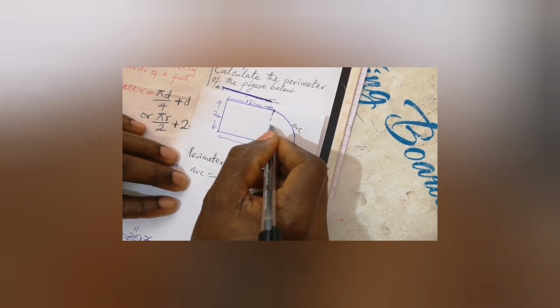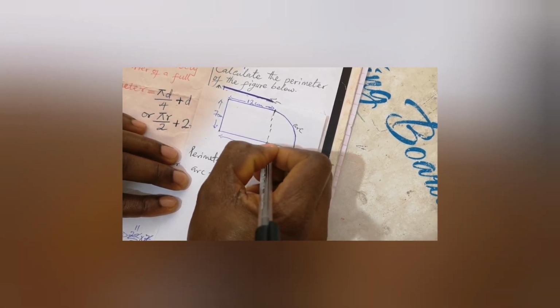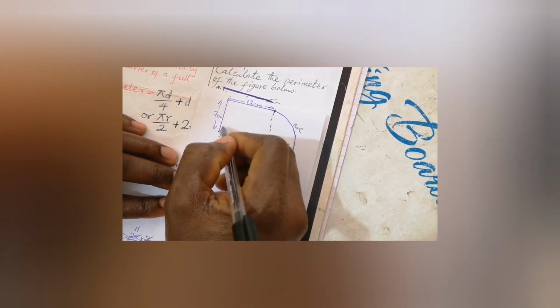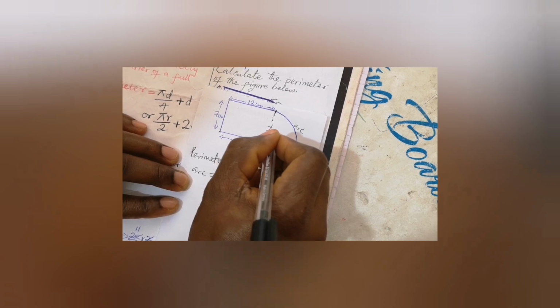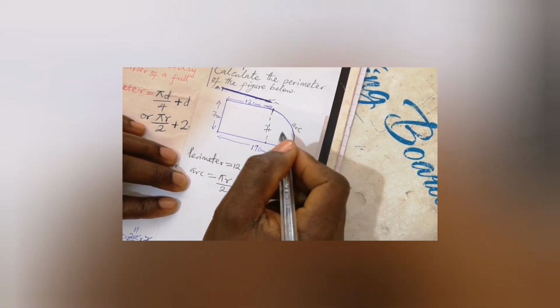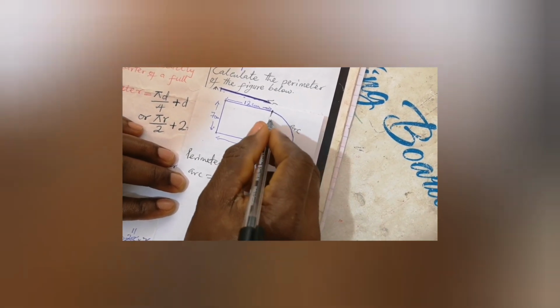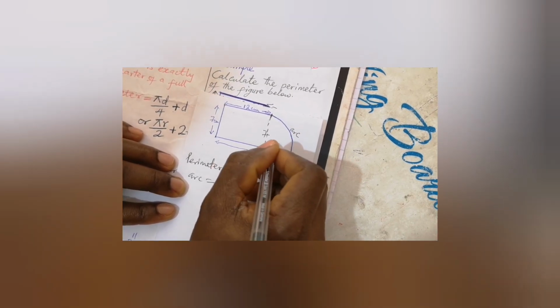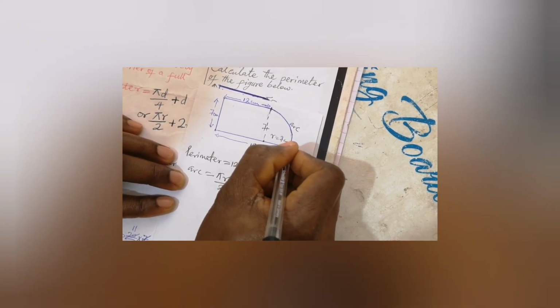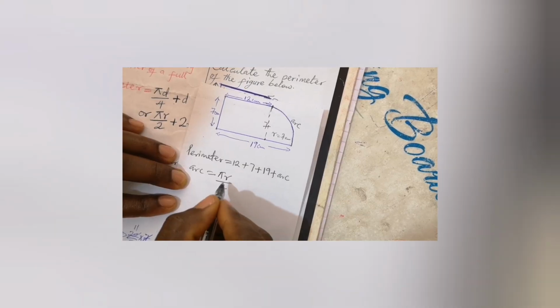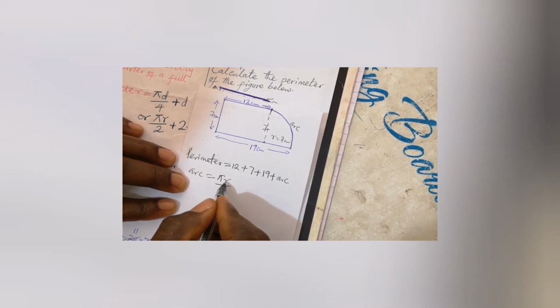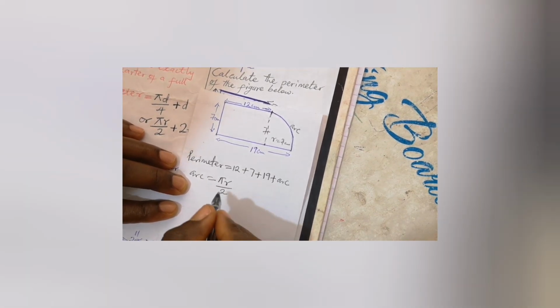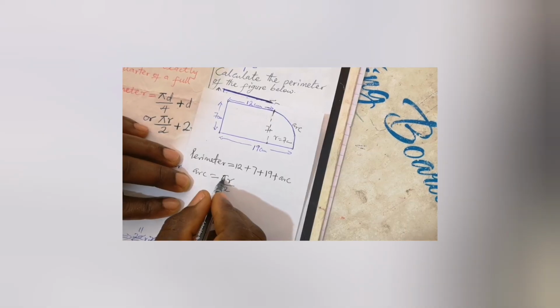And from here to here is the same as from here to here. So this is 7. That means that the radius of this arc is 7 cm. So I will use 7 in place of r.